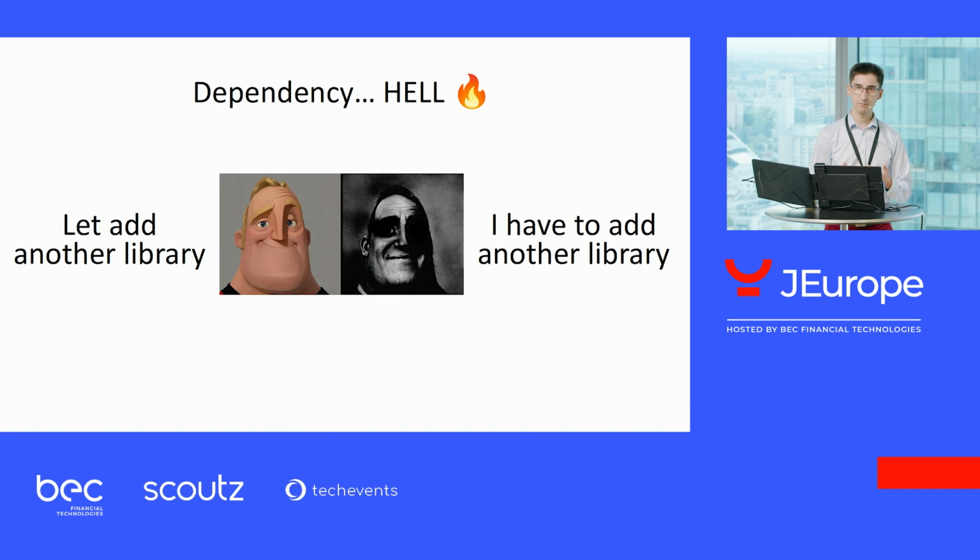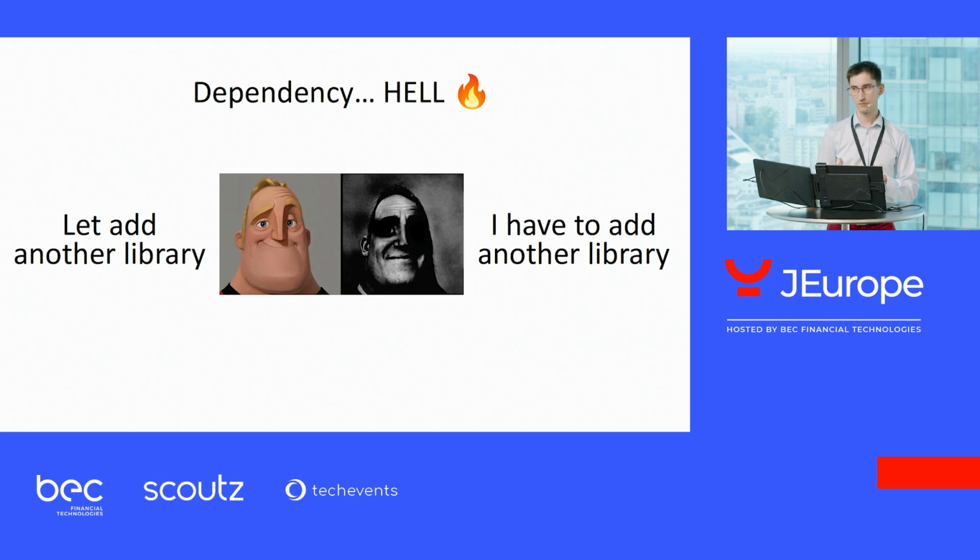Especially if we have more than one dependency that uses another common dependency. For example, we can have a Redis library and an Elastic library, both of them using the ByteBuddy library, and we need to work out the correct version that will fit both the Redis and Elastic dependencies.